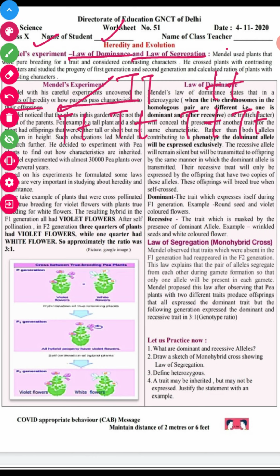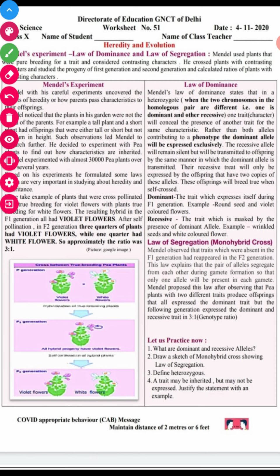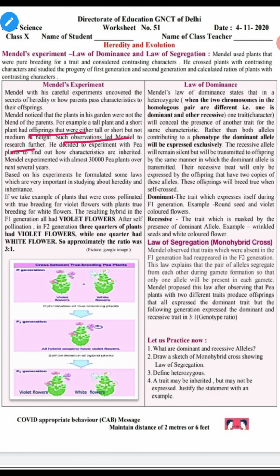So he concluded according to this and started further studying all the characteristics. He decided to experiment with the pea plant. Mendel experimented on almost 30,000 pea plants over the next several years.